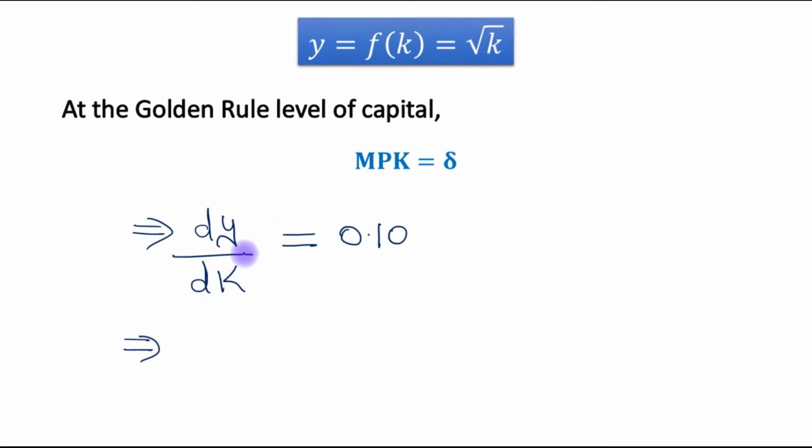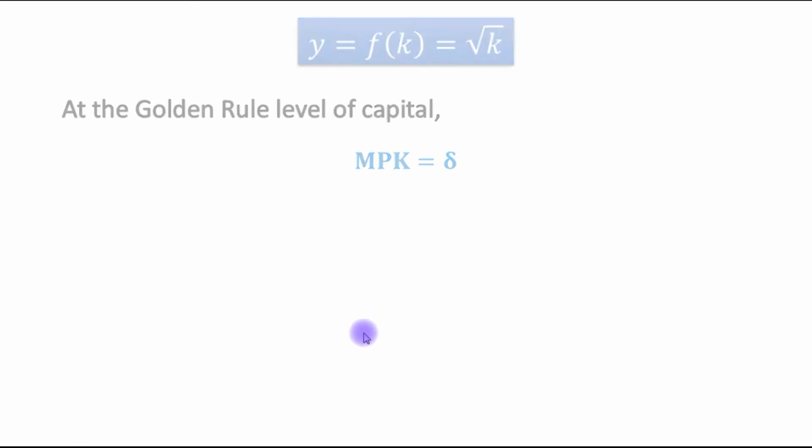Derivative of root k with respect to k will be 1 upon 2 root k equals 0.10. In the next step, this will become 2 root k equals 1 upon 0.10.